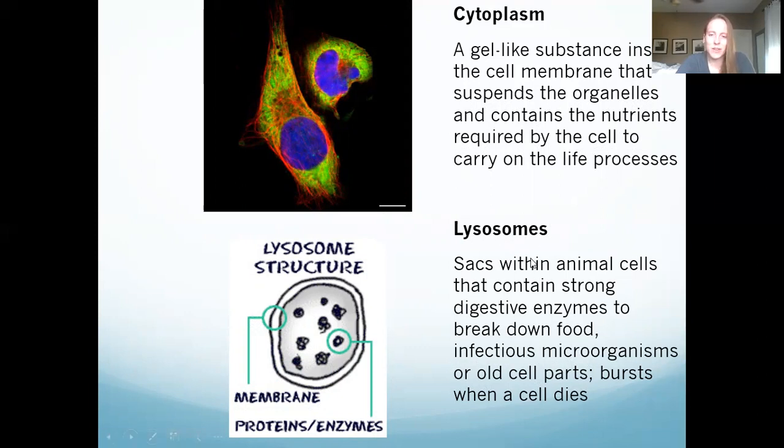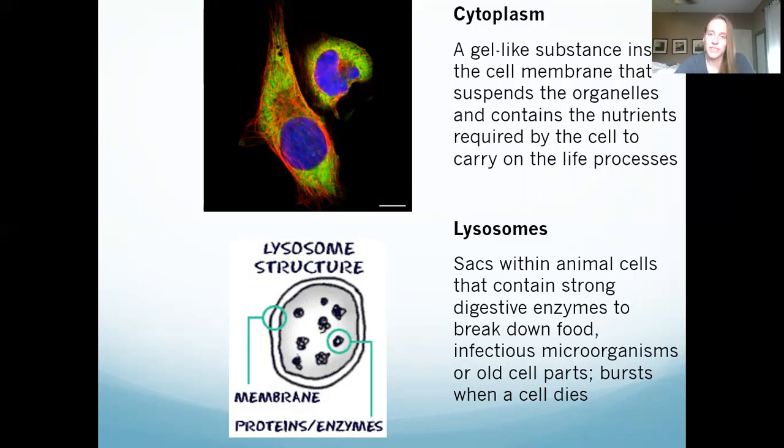Then you have lysosomes, which are those little circular sacs. They are found in animal cells and they contain really strong digestive enzymes. Their purpose is to sometimes break down foods, other times digest infectious microorganisms or old parts of the cell, and they can also cause apoptosis, which is cell death.